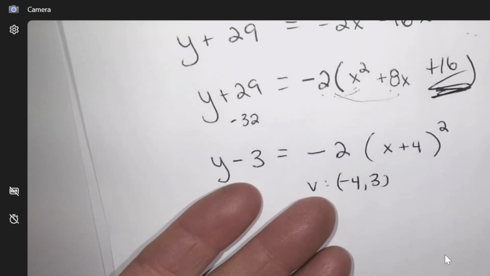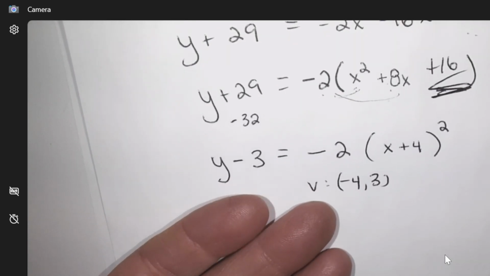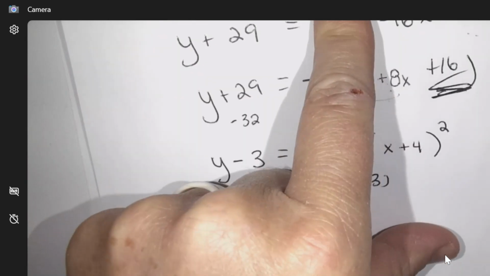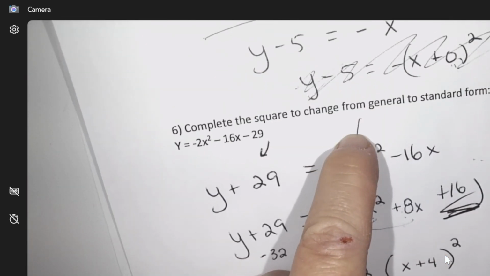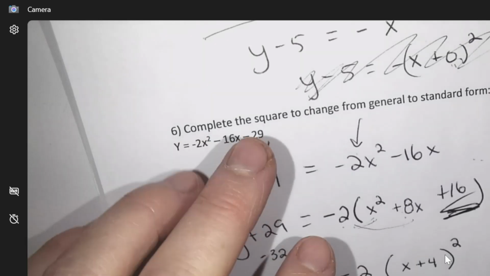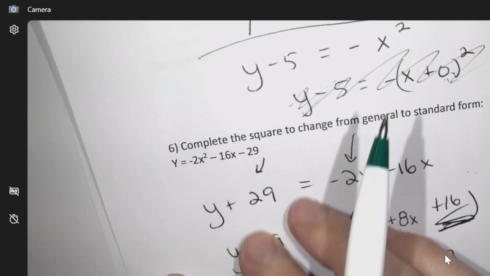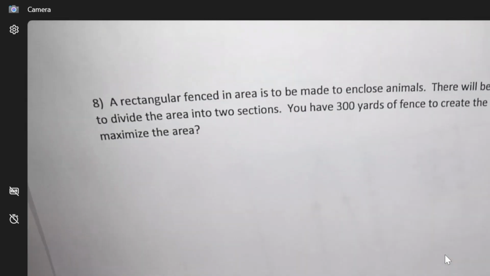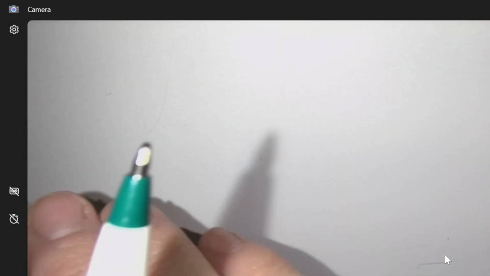Would you rather do this to get the vertex, or would you rather do -b/2a plug in? On your test, if I'm saying find the vertex, you may as well pick that little -b/2a. It's shorter. Really the only time you would ever do this is the question on the test that says do this, complete the square. Otherwise it doesn't make sense to do it if you have a shorter tool.